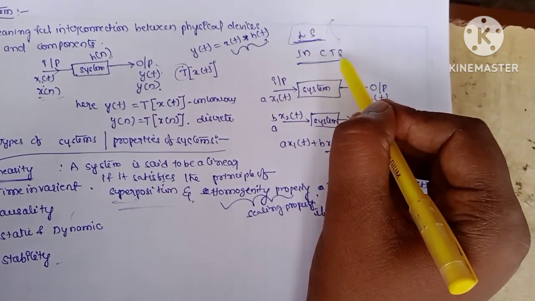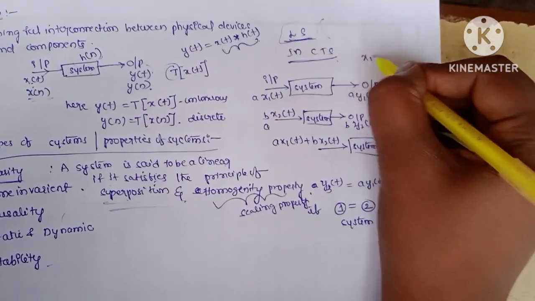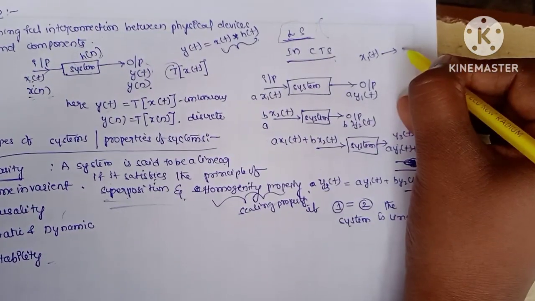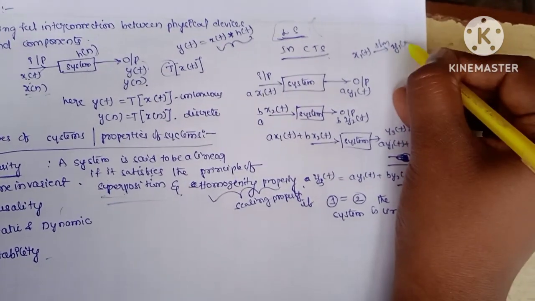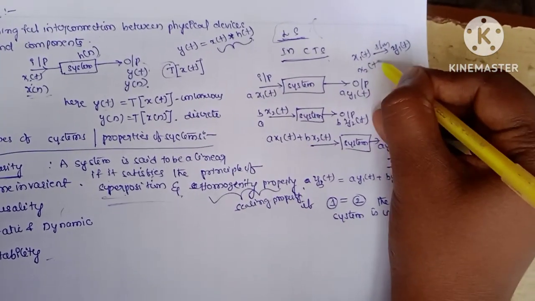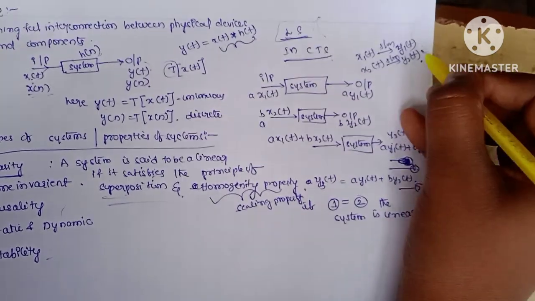In a continuous time signal, if we take x1 of t and pass it through the system, we get y1 of t. If x2 of t is passed through the system, we get y2 of t, right?